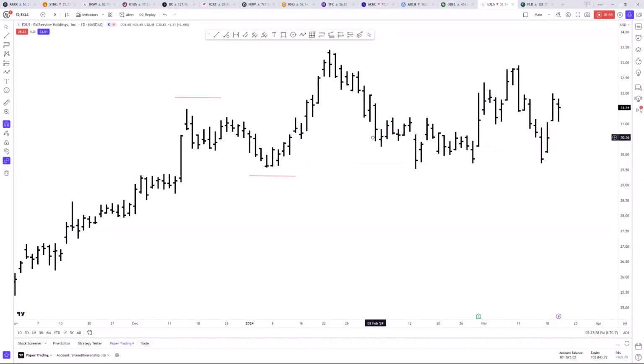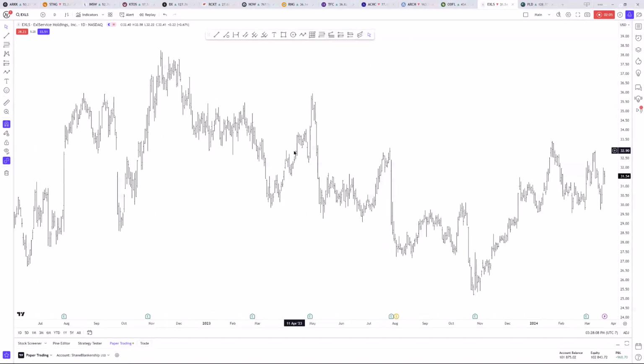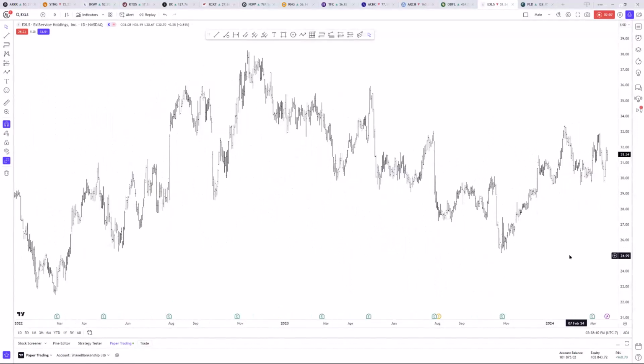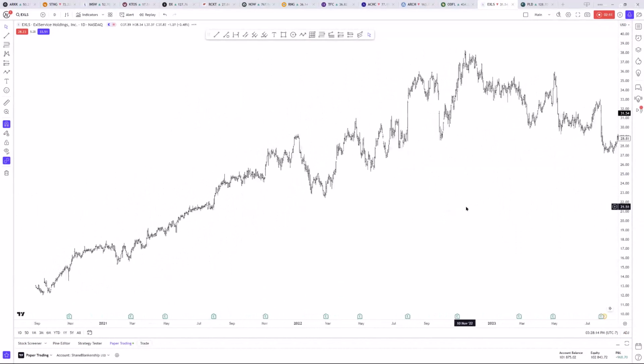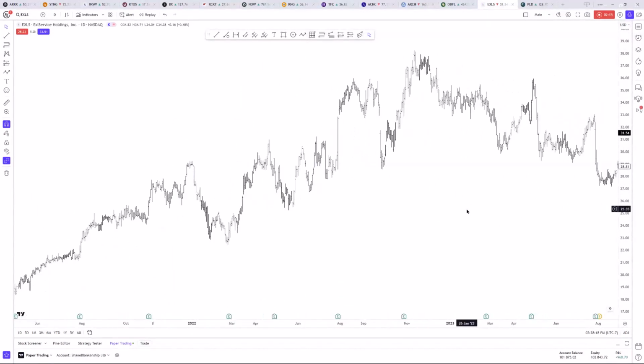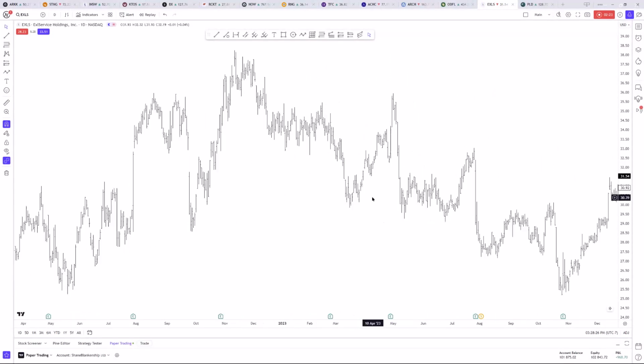There's no organization to this, but that doesn't preclude us from doing a little practice. So let's back this chart up through its big pullback here, and see how we can learn to structure a market as well as draw very precisely. So let's just start with this downtrend.